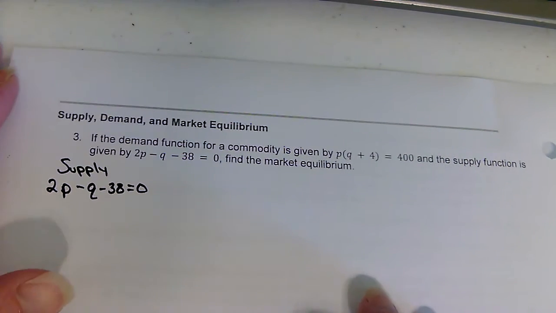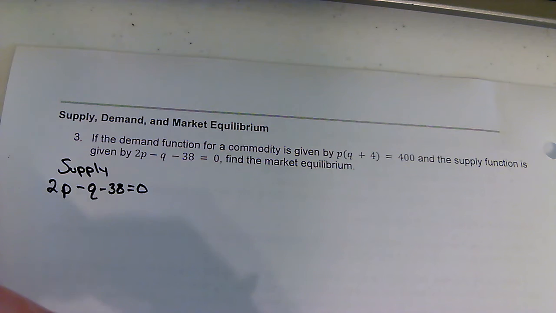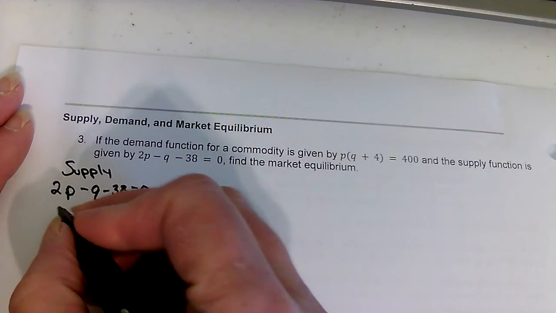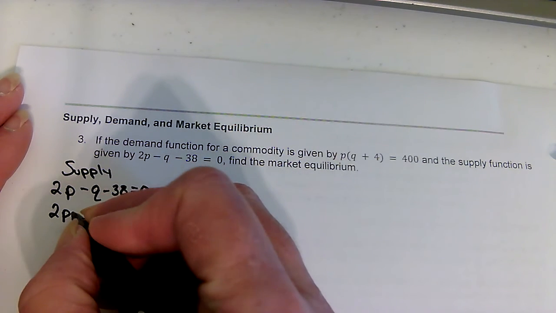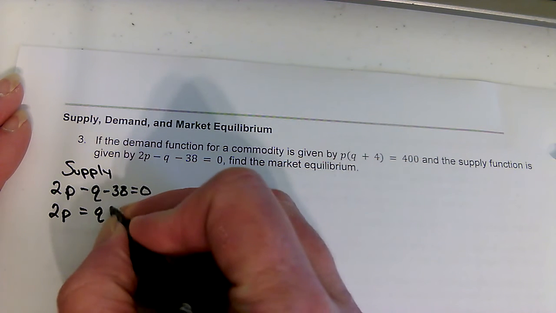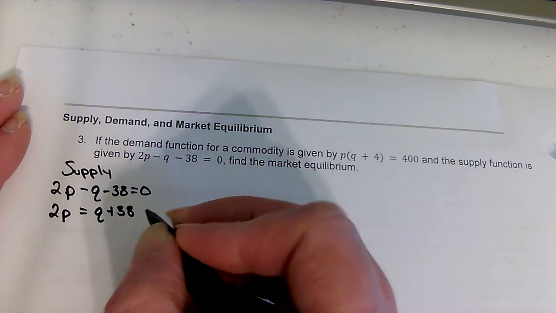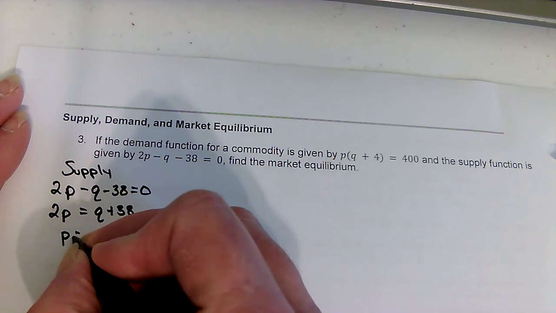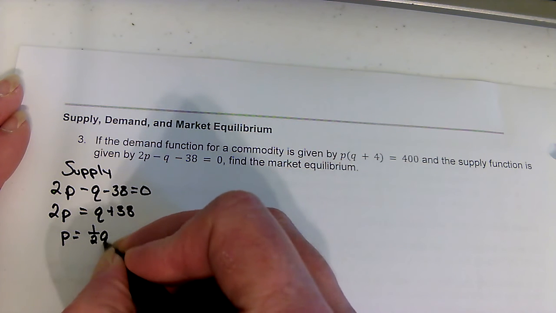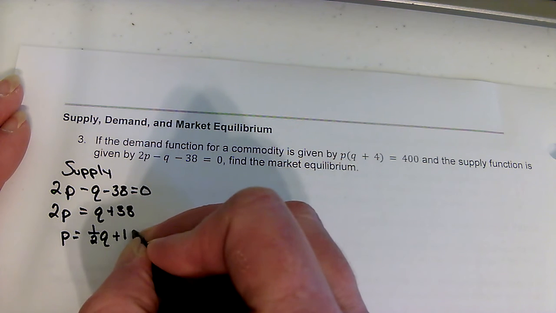And if you remember from Unit 1, we want to solve for p, get p by itself. So we get 2p equals q plus 38. So p equals half of q plus, what is that, 19?